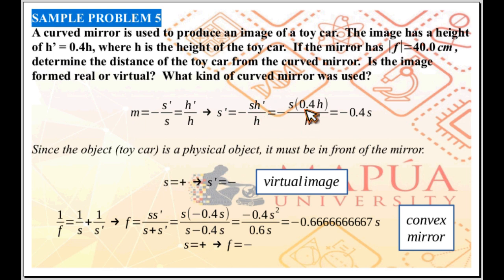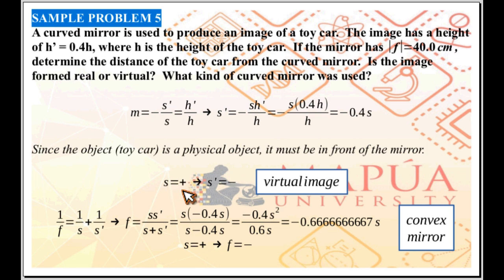H prime is just equal to 0.4 h. We can cancel out h, which gives us S prime is equal to negative 0.4 S. Since the object, the toy car, is a physical object, likewise, since you have one object, one mirror, the object must be in front of the mirror.